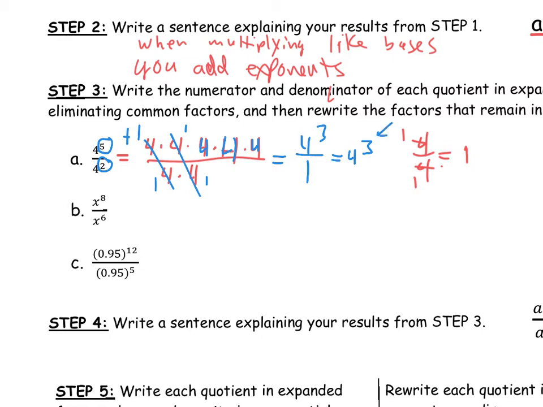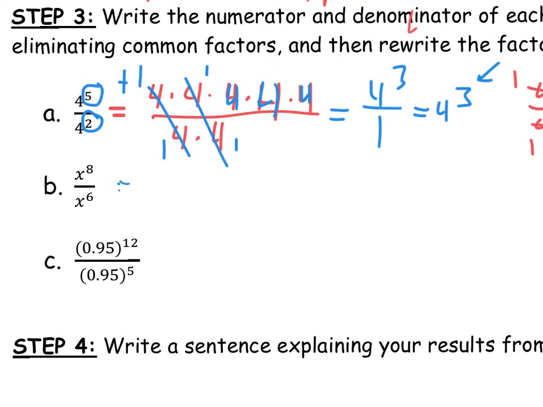So you're subtracting exponents. So if I do this one right here, I got 8 x's, 1, 2, 3, 4, 5, 6, 7, 8 over 6 x's.